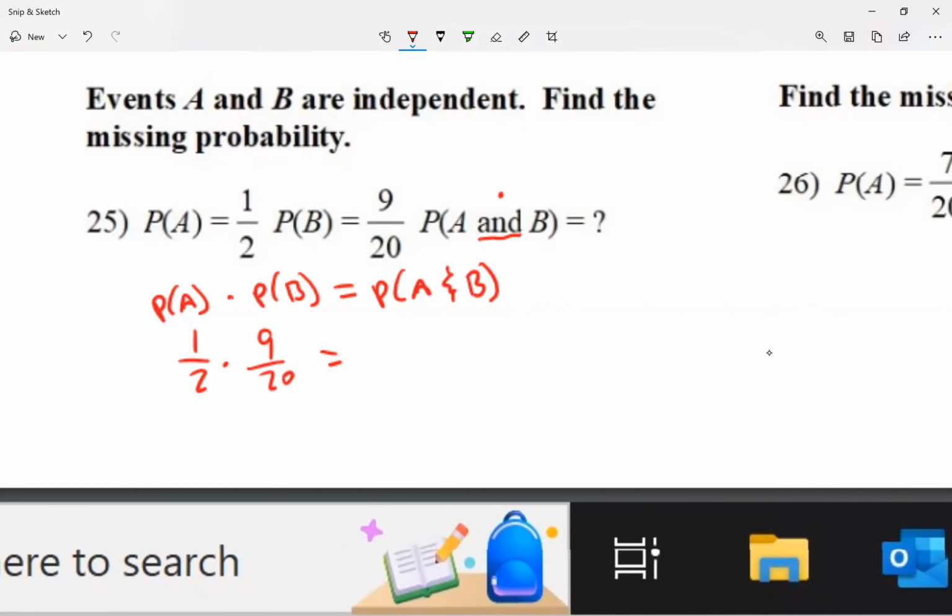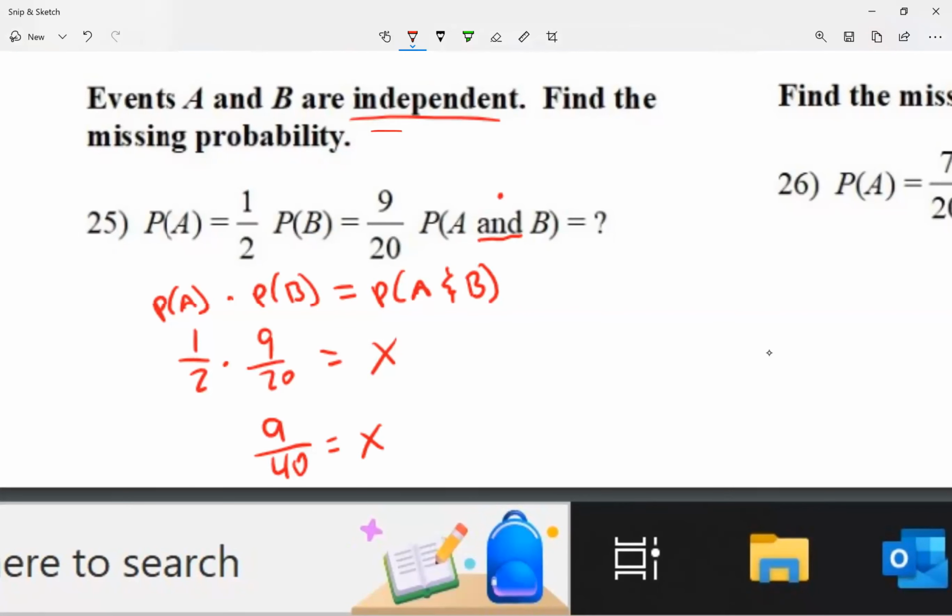Back in algebra, we learned that when we don't know the value of something, we replace it with a letter. Let me replace it with X, and I'm going to solve for X. Multiplication, we just multiply straight. So 9/40 is equal to X. So there you go, 9/40. That happens when they are independent: just probability of A times probability of B.